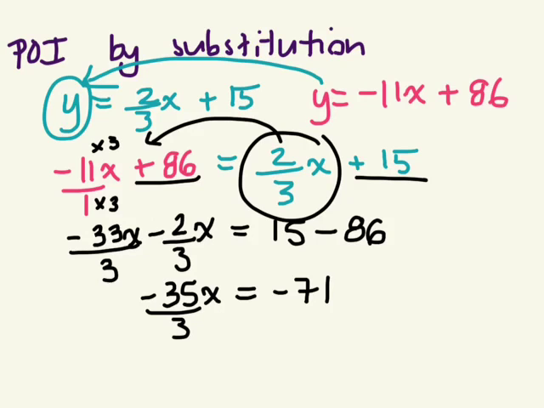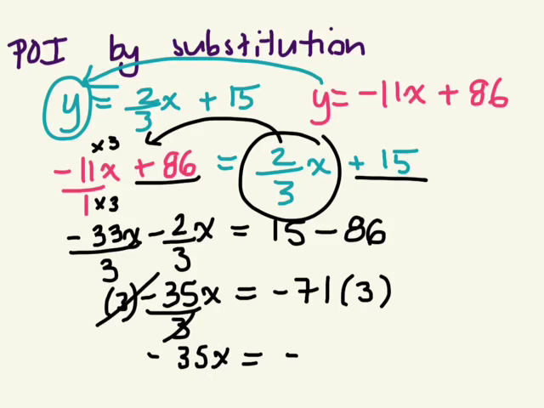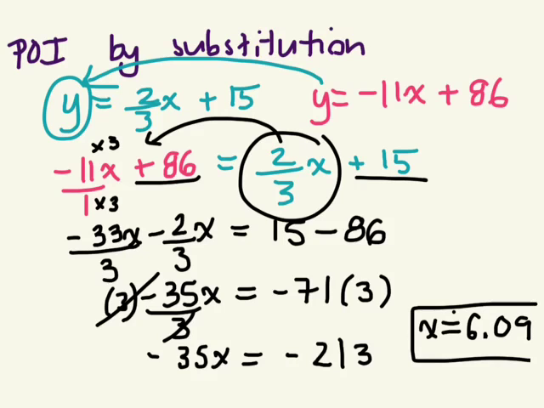What's the opposite of divided by 3? So to get rid of that divided by 3, I multiply. I'm left with negative 35x equals negative 213. Isolate your variable, divide both sides by negative 35. x is approximately equal to 6.09.